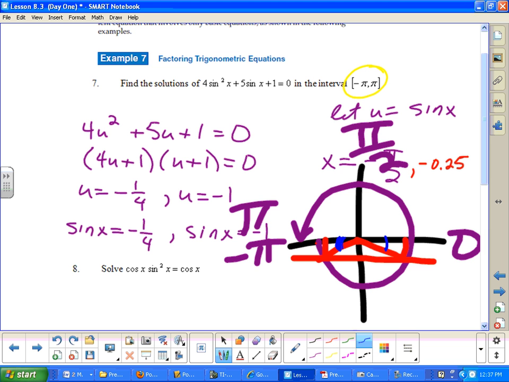Is the number I get here going to be closer to 0 or farther away from 0? Because if I'm at negative pi and I'm going this way, I'm getting closer to 0, right? So that means this number is going to be between negative pi and 0.